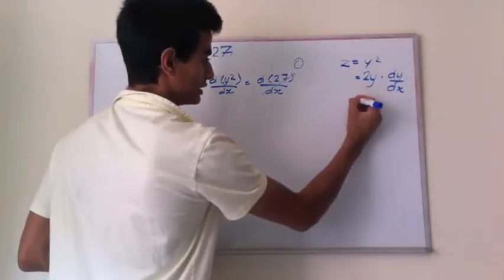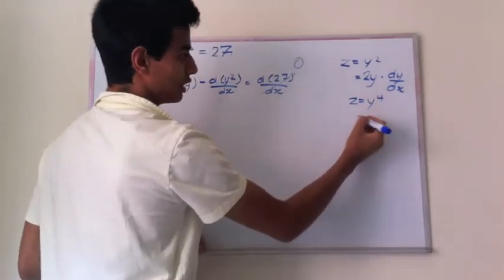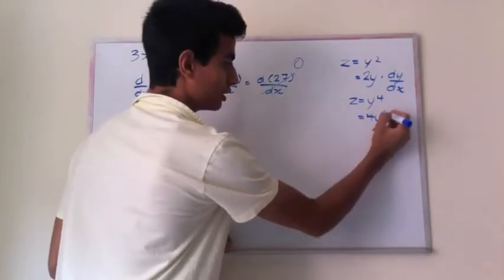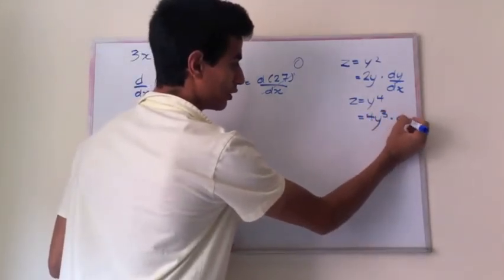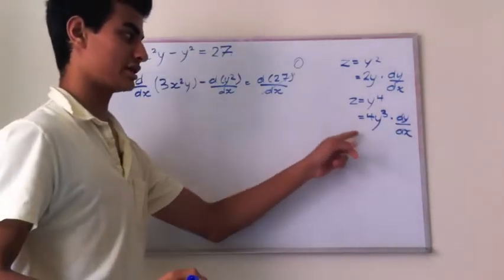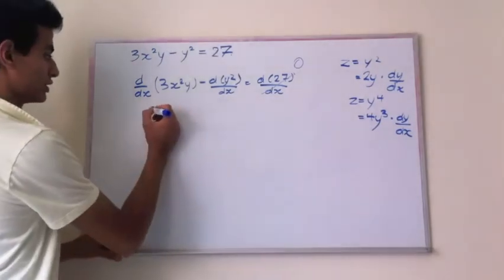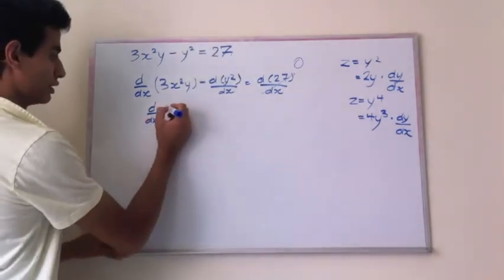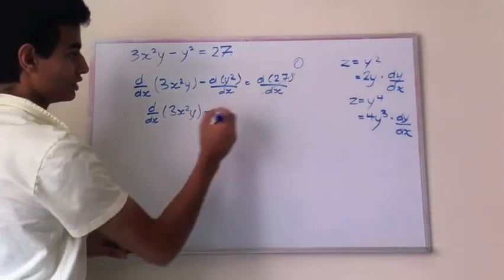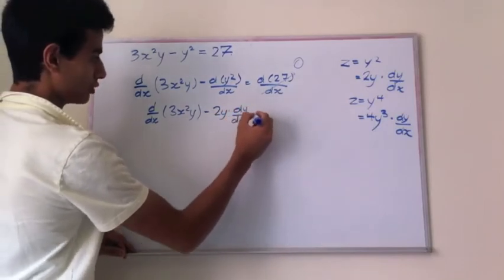So say if you had z is equal to y to the fourth, the derivative of y to the fourth with respect to x is 4y cubed times dy over dx, because all you need to do is multiply this dy over dx term by the derivative of y. So anyway, we can see that d over dx of 3x squared y minus 2y times dy over dx will equal 0.